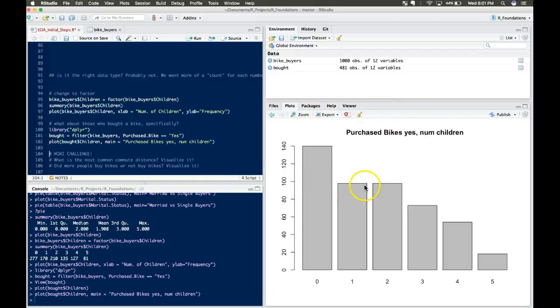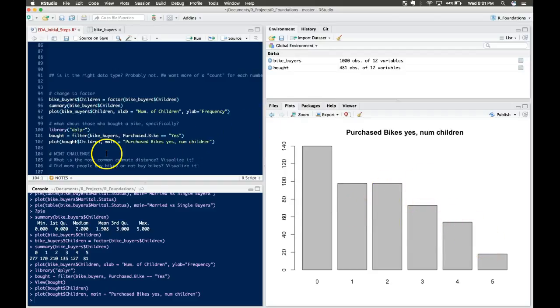We look at it and we know what it's talking about. So again, 0 children is the most common. The ratios change a little bit. 1 and 2 is a little more evened out, but it's kind of a downward trend like we saw in the other one.